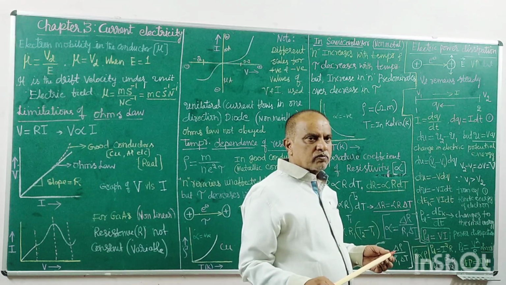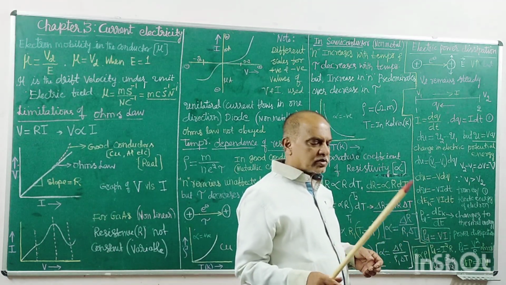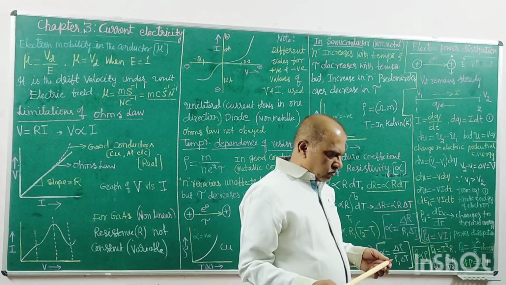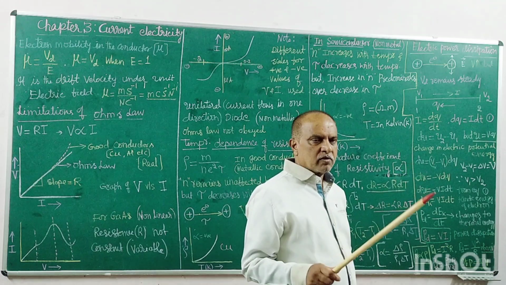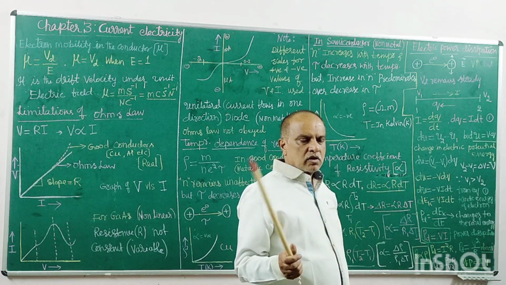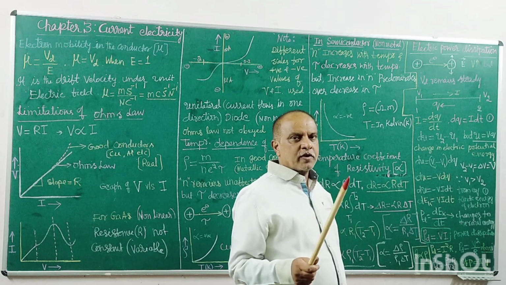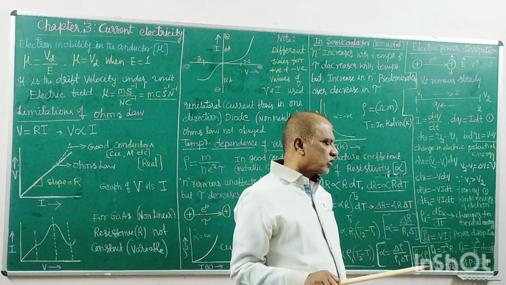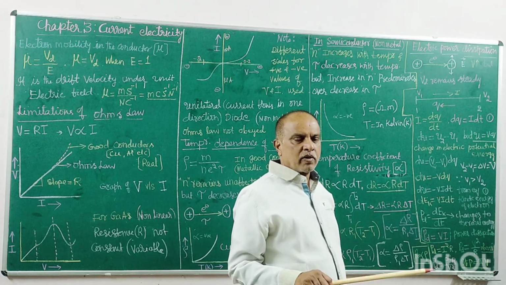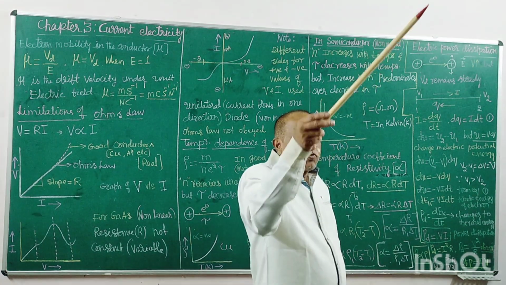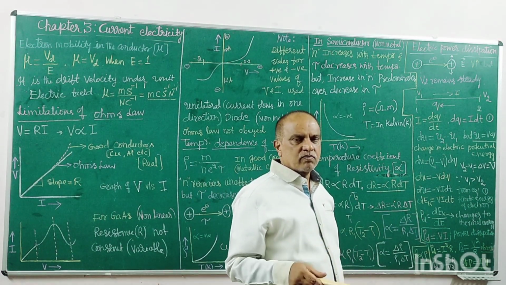Thermal power, by converting heat into power, the thermal power station. Wind power station, converting wind flow into electric power. Solar power, solar light into electric energy. And hydro power, hydroelectric power, that is water flow under pressure converting into electricity.